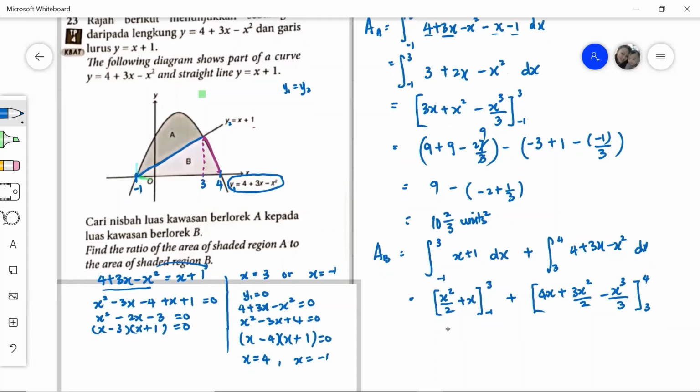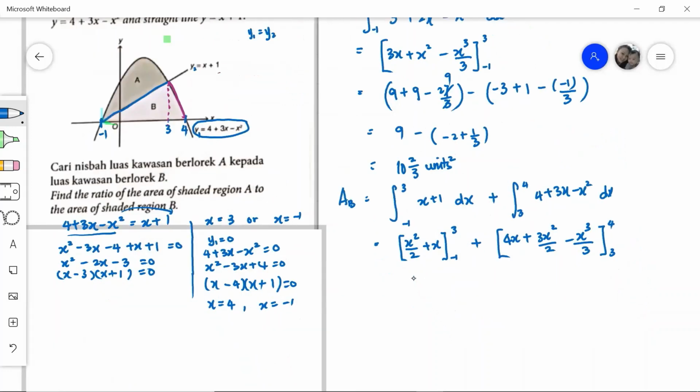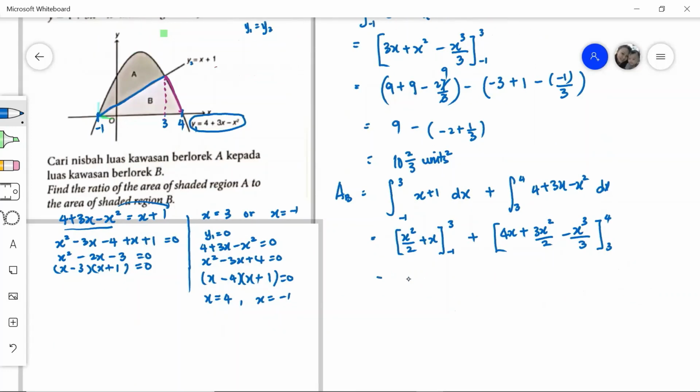For this part, we need to be patient to substitute and calculate the value of this expression. When we substitute in 3, we have 9 over 2 plus 3, and then we minus negative 1 squared, which is 1 over 2 minus 1. So this is the first part. And then the second part will be this.